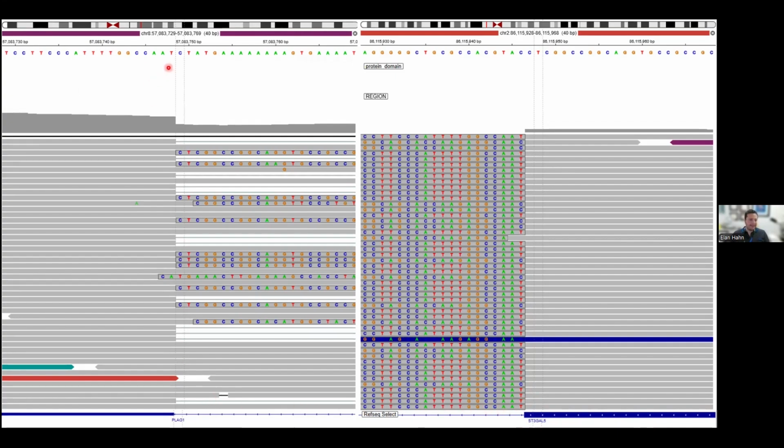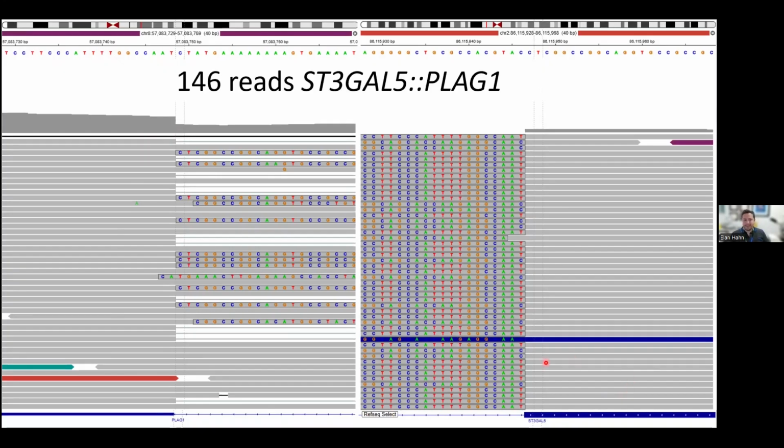And if you look here in PLAG1, the beginning of the area that we're getting as part of the fusion, it has that same exact sequence. So our bioinformatic analysis, our fusion caller, called 146 reads of this fusion, because it had areas that mapped to two different genes, and that's what the fusion caller bases its calls off of.